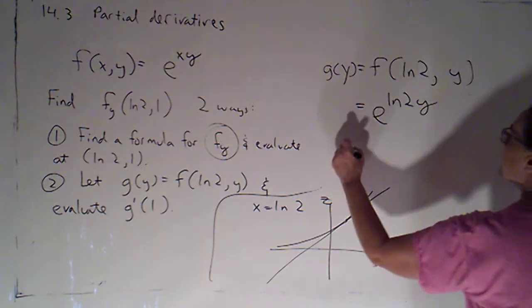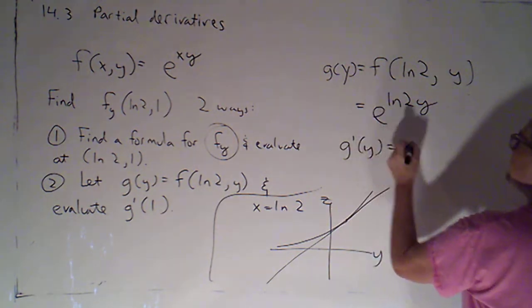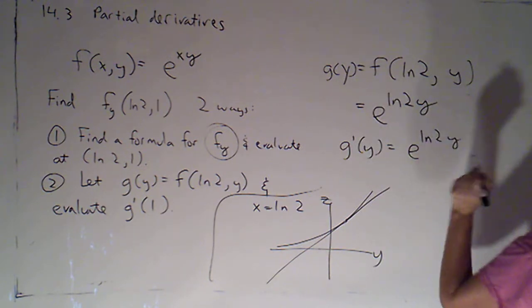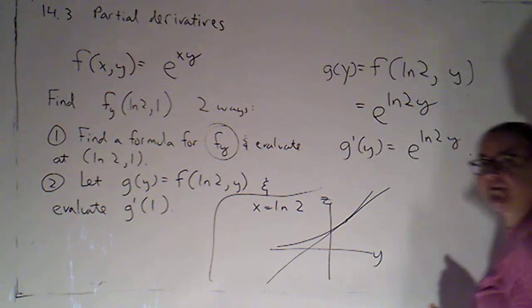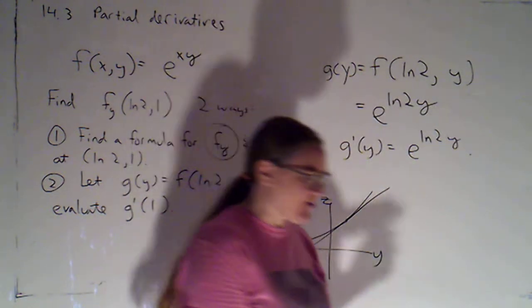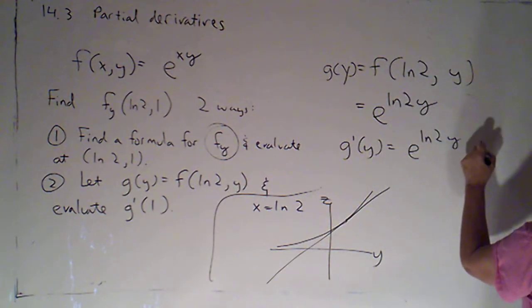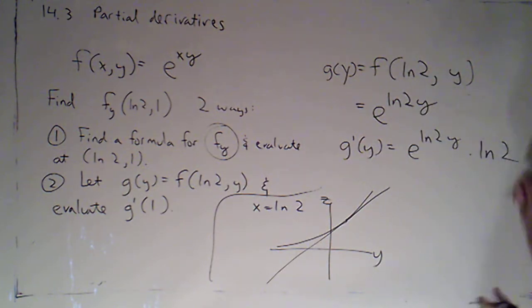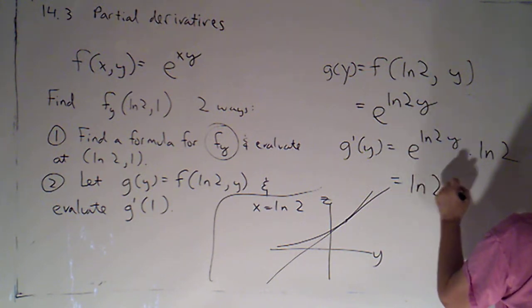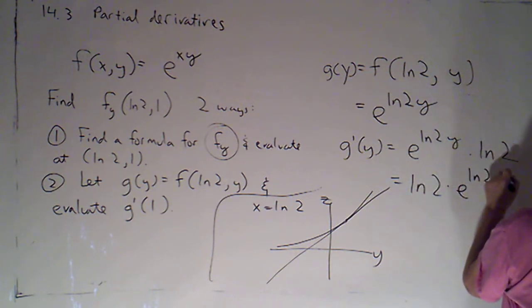So g prime of y is just going to be e to the natural log of 2 times y, chain rule, times the derivative of the inside part, which, oh my goodness, is a constant times y. I'm going to get that constant, so I'm going to get times the natural log of 2. I'm probably going to just rewrite this as the natural log of 2 times e to the natural log of 2 times y.